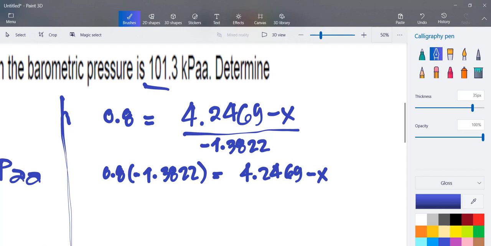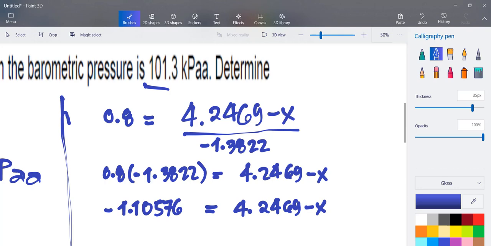So let's resolve first this one. So it will be negative 1.10576 is equal to 4.2469 minus the x.